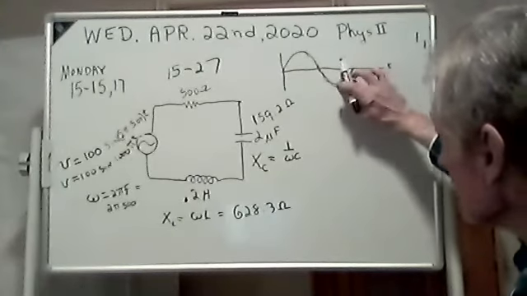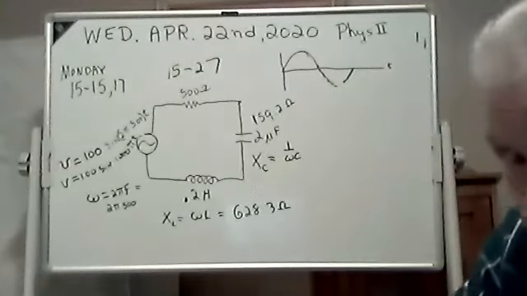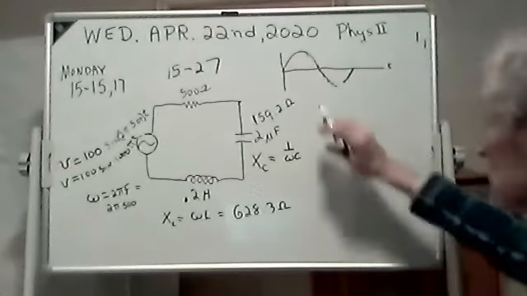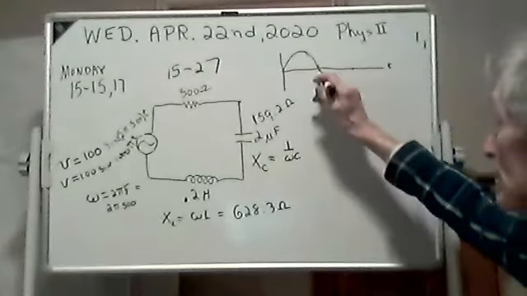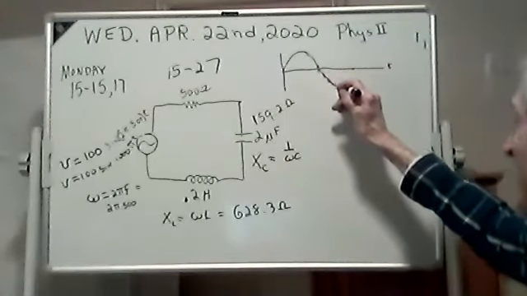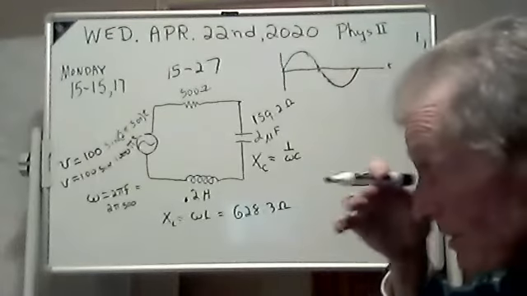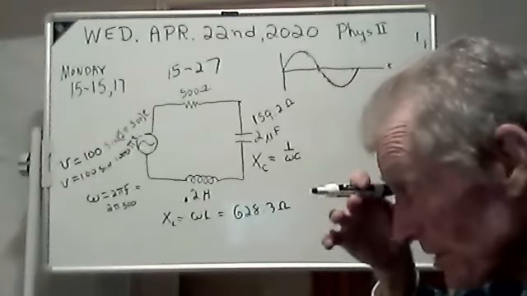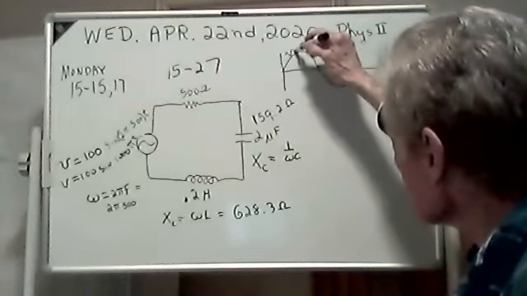Sort of like that. Pretty close. Maybe this goes down a little further. I don't know. Artist rendition here. All right, there you have it. There's your sinusoid of your voltage.